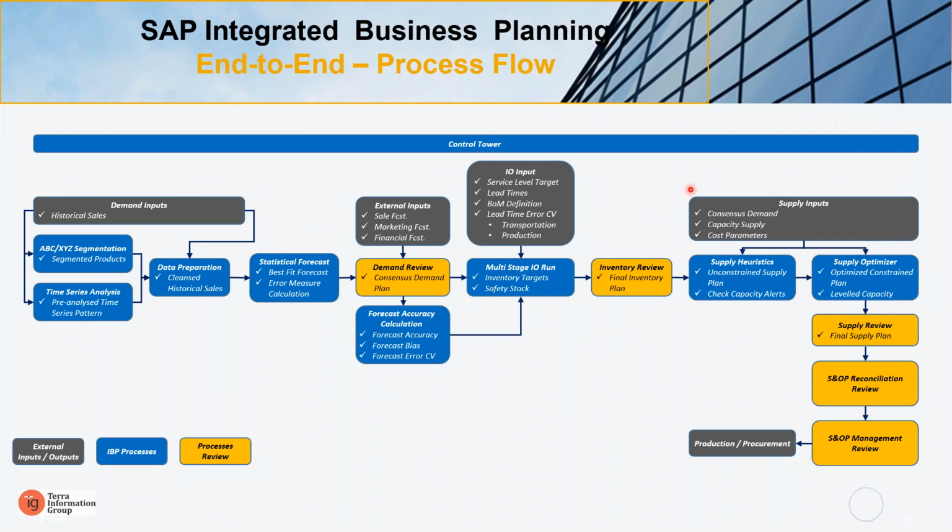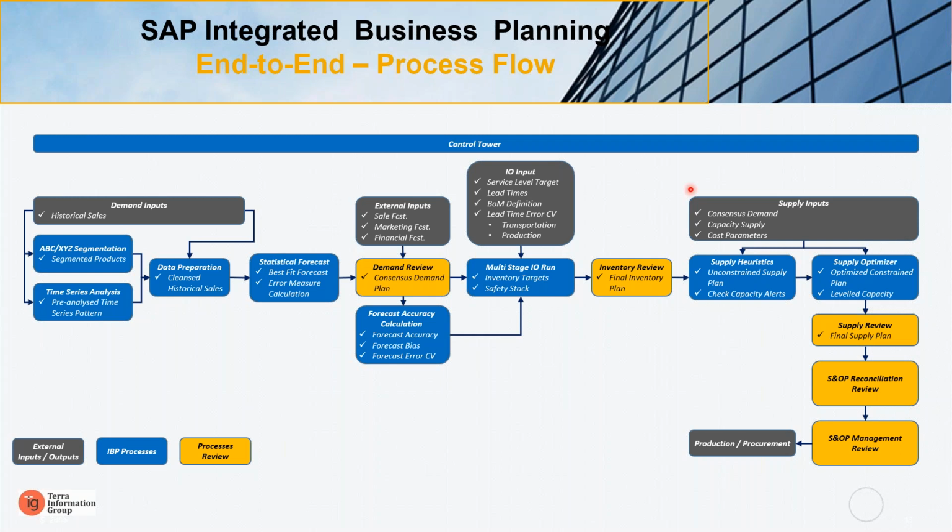Not only from the planning perspective but also from the financial perspective, if we have to choose between multiple vendors for multiple production plants, what could be the best possible option, and what could be the best possible product mix in a capacity or constraint scenario, which can govern a high level of profit and margins within the organization.